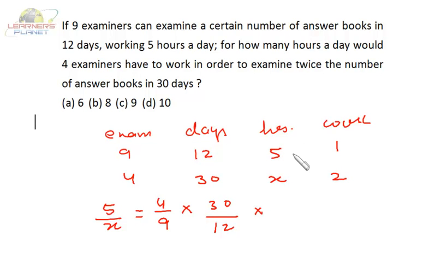So if it is 5 by x, it will be 1 by 2 in the same order. Now we have to calculate the value of x over here. That means x is equal to 9. That means the examiners should work 9 hours per day to examine these number of copies. Okay, friends?